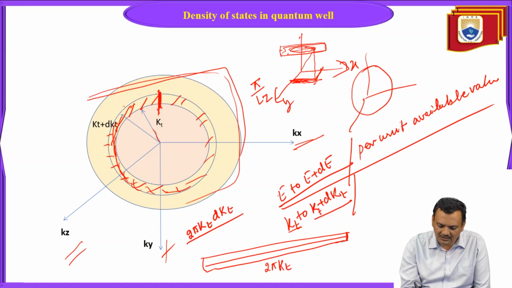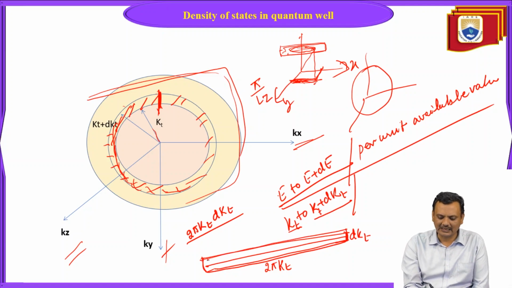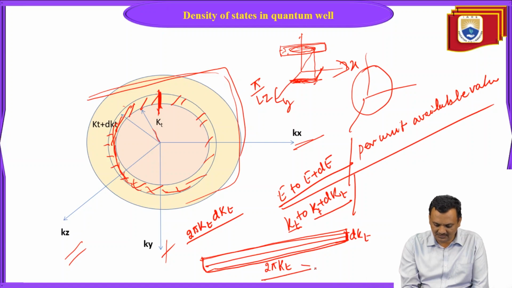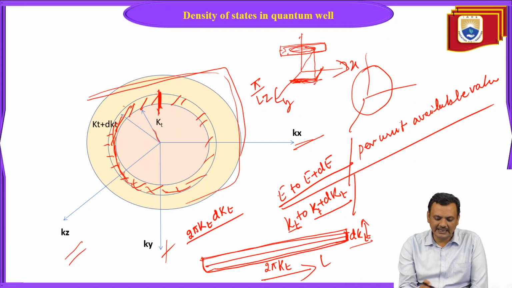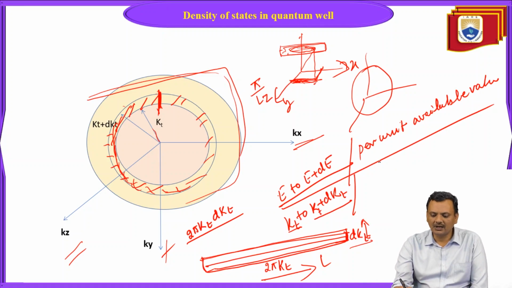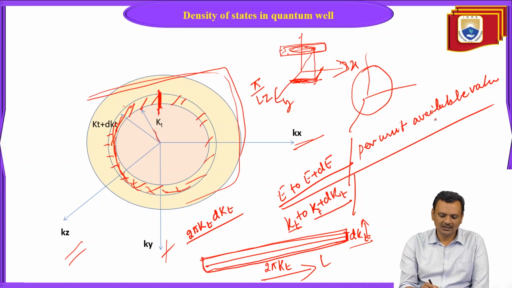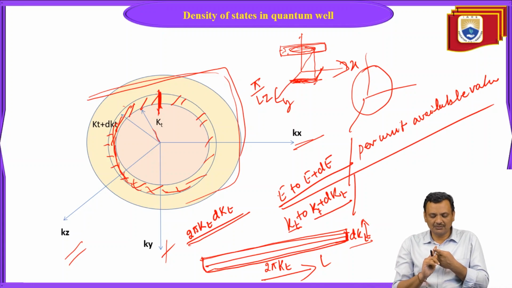Now what is the width? dKt. So it is a kind of rectangle. So 2 pi Kt is acting like a length and dKt like a breadth. So 2 pi Kt multiplied by dKt will be the available area for computing the density of state. Okay. So this much is the area available in between the states Kt to Kt plus dKt.